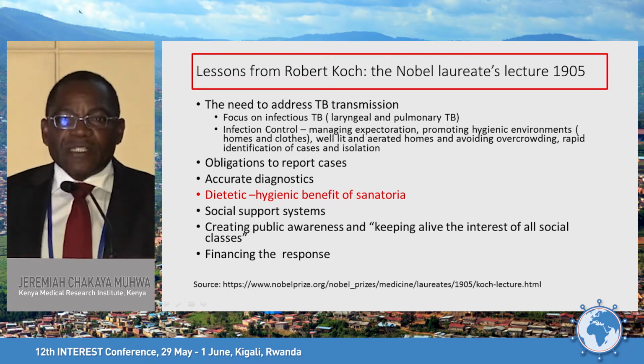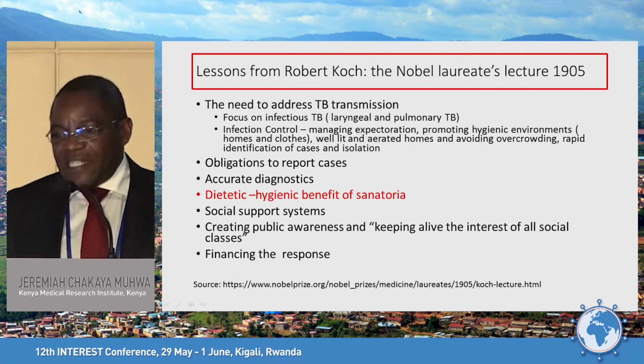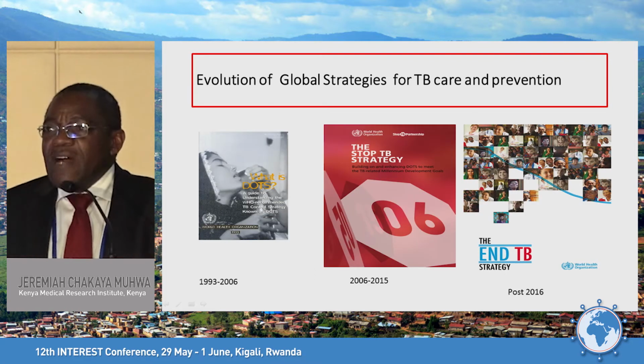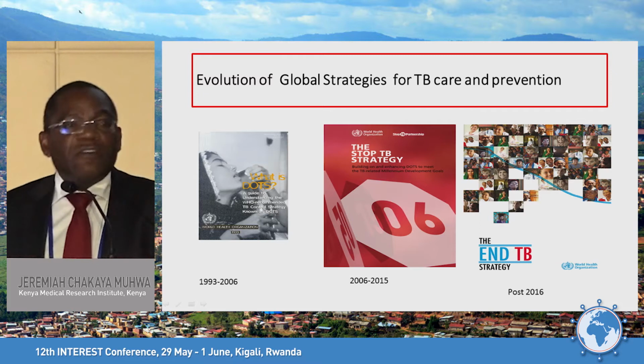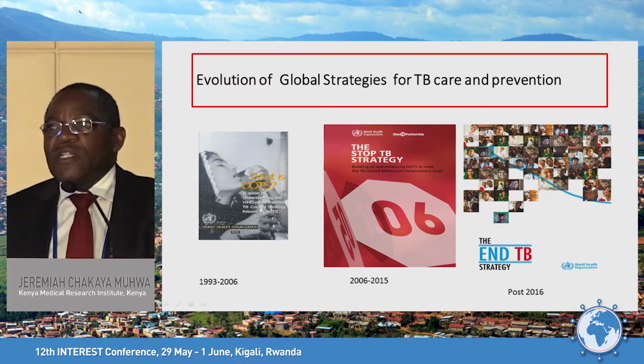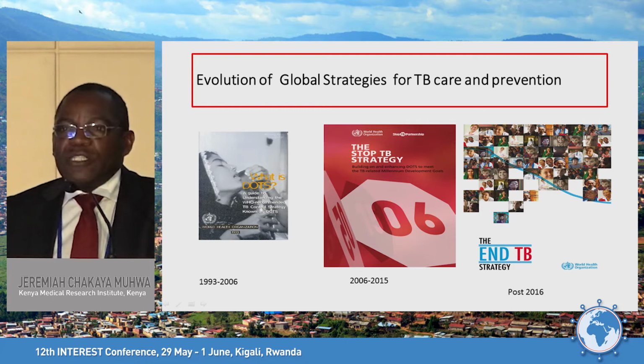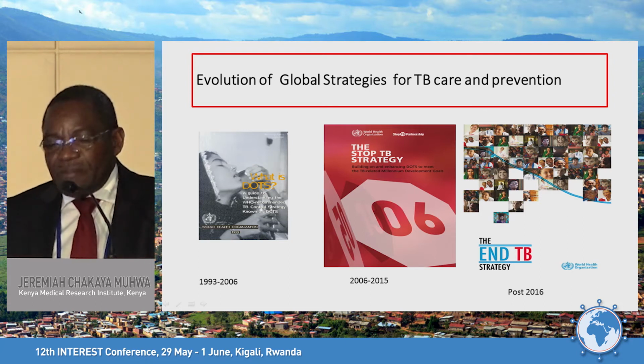So Robert Koch said it more than 100 years ago. We have, based on those principles, evolved in our strategies for controlling tuberculosis, from the DOTS strategy after the announcement by WHO of TB as a global emergency.